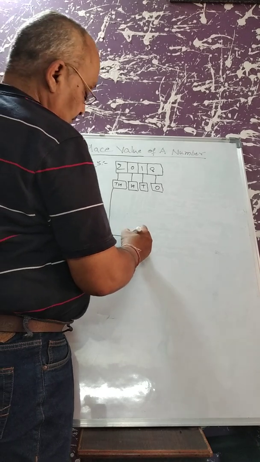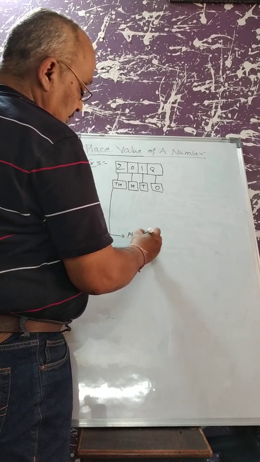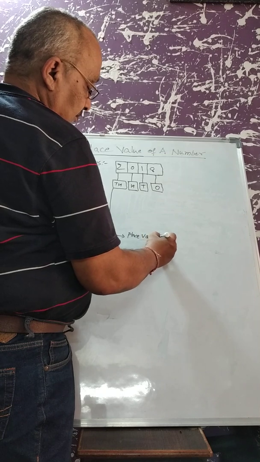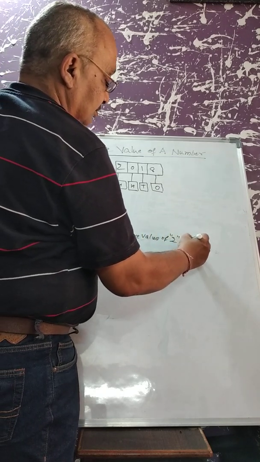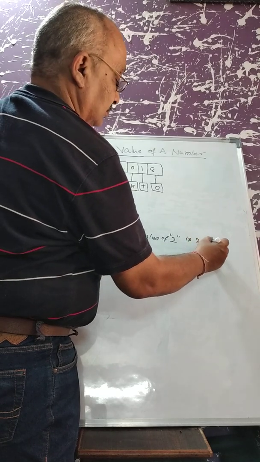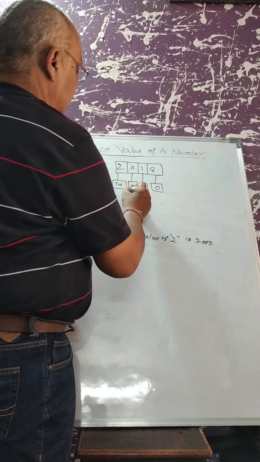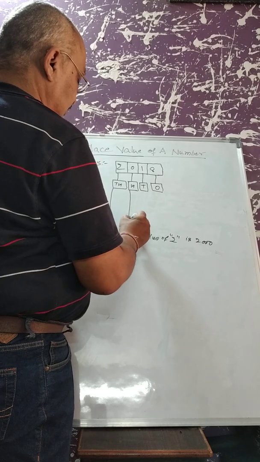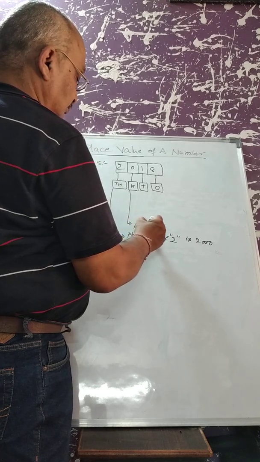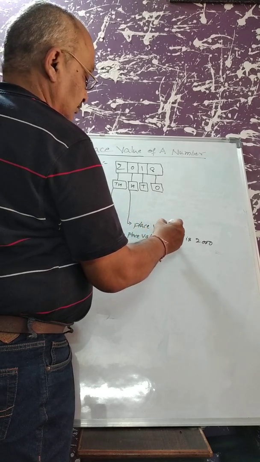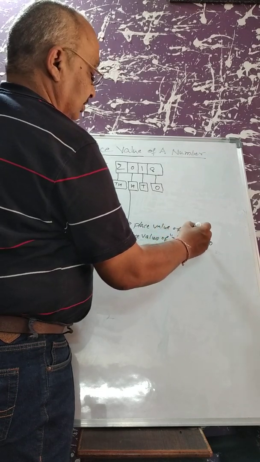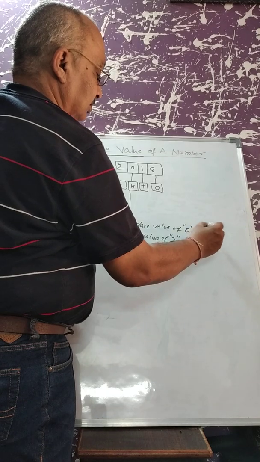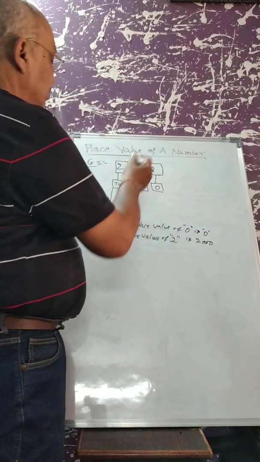Place value of 2 is 2,000. Place value of 0, since it is 0, so it will be always 0. Place value of 0 will be always 0.